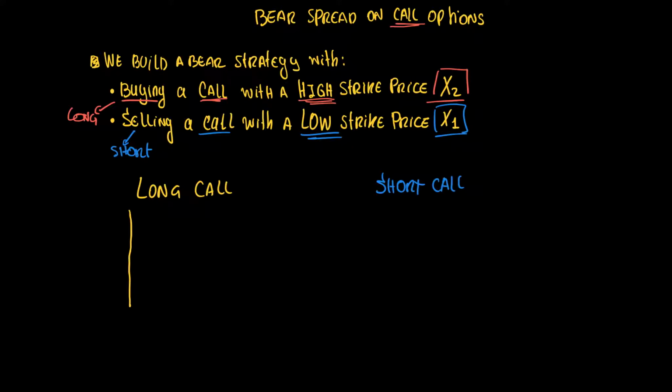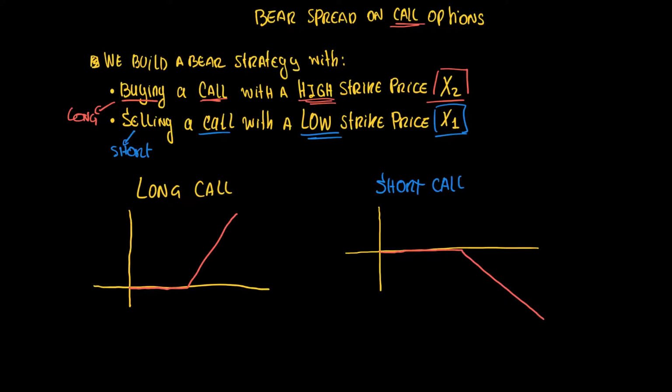Remember that the investor is expecting the stock price to go up. The short call is simply the opposite of the long call, so if this is going up, in the short call, it will go down. Here we have strike price X2 because X2 is associated with the long call, and here I have strike price X1, which is associated with the short call.